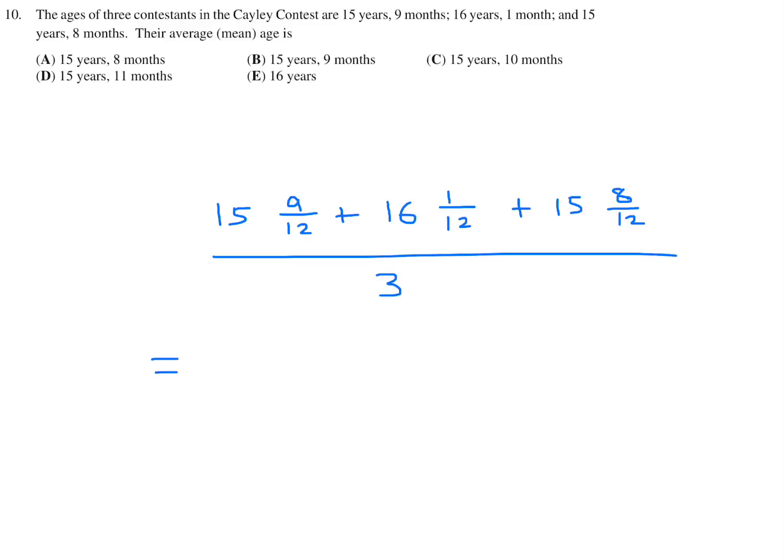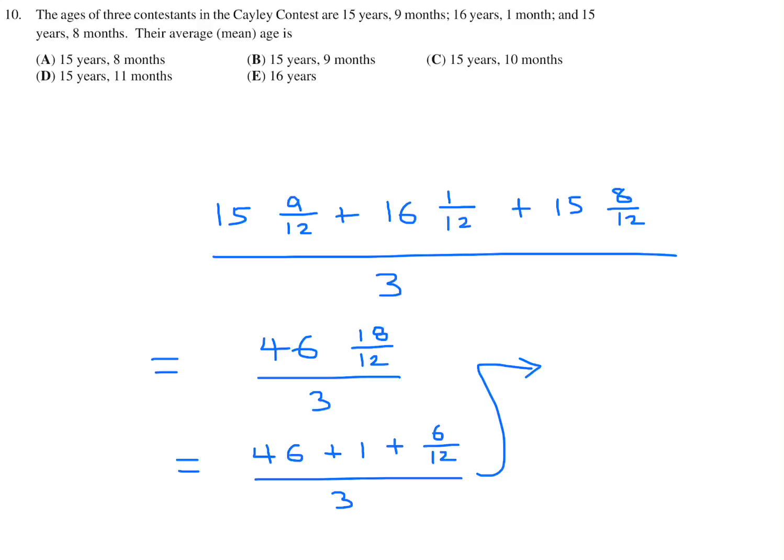First, I'm going to add the whole numbers, 15, 16, and 15, which is of course 46. Then I'll add the fractions, 9 plus 1 plus 8, which is going to be 18 over 12, all over 3. Now 18 over 12, of course, is 1 and 6 over 12.